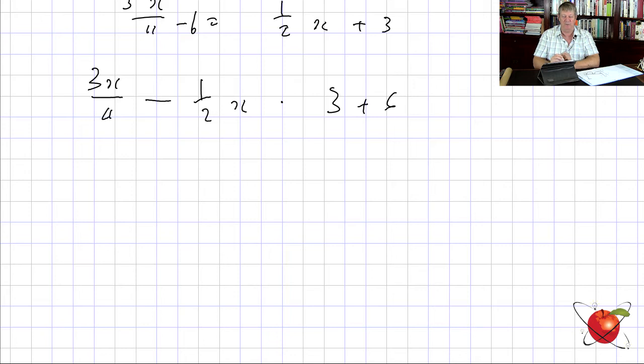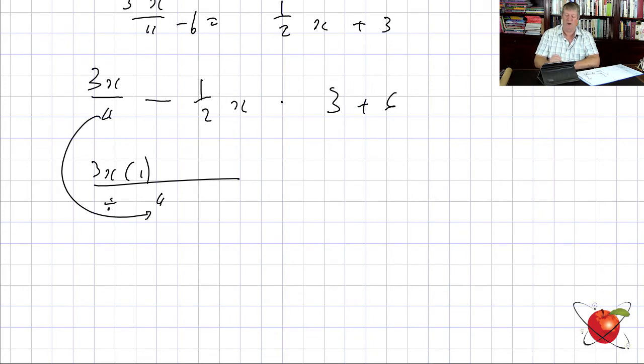Let's just go through the process, because when we've got x's at the bottom and brackets, we go through the same process. We find the lowest common denominator, which is 4. We draw a line. 4 divides into 4 once, so we bring down the top, 3x times 1. 4 divides into the other denominator, leaving us with 1, minus 1 times minus 1 is the numerator here.